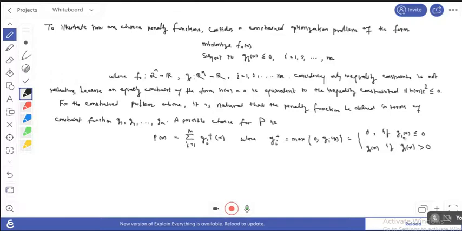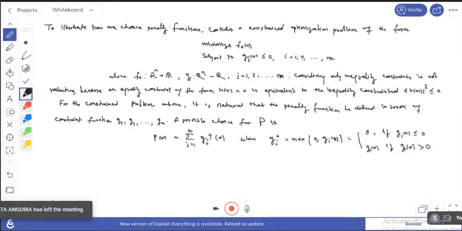In the interval where it is negative, we assign the value 0. So gi plus means we take only that portion in which your constraint is strictly greater than 0. If the function is 0, then gi plus is also 0.